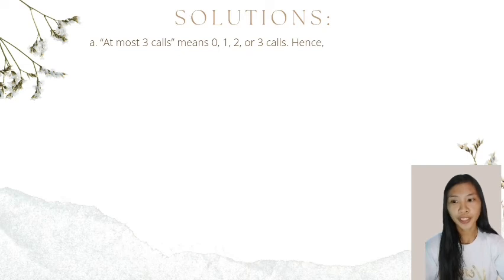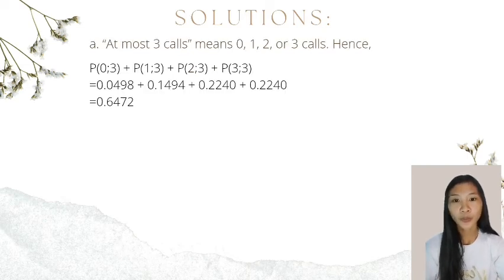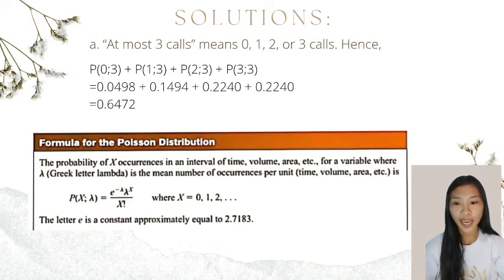Let's solve first the letter A, which is at most 3 calls. Note the formula of the Poisson distribution: probability of x such lambda is equal to e, where e is a constant approximately equal to 2.7183, to the power of minus lambda times lambda to the power of x over x factorial.